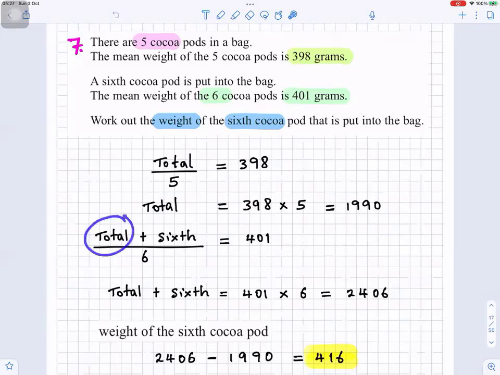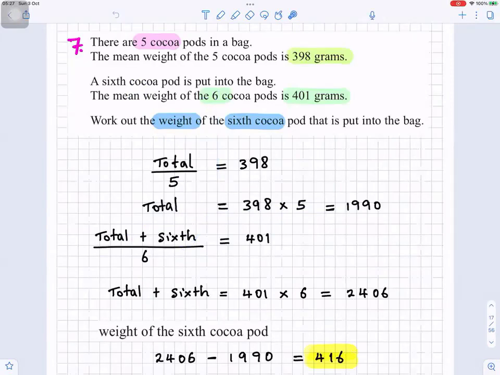Now, total plus the sixth one divided by 6 now, because there's now 6 of them, is equal to 401.